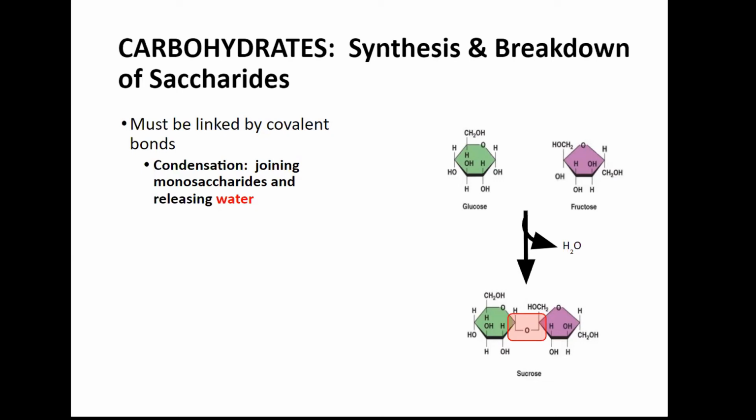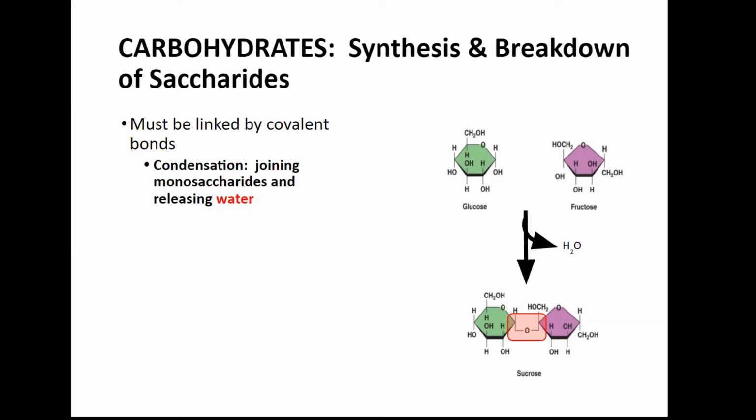So you can't just shove a ton of glucose in the blood after you eat. So it needs to go somewhere, it needs to get stored. So in order to store sugars, we're going to link together our monosaccharides using covalent bonds. We're going to link them together into larger polysaccharides.